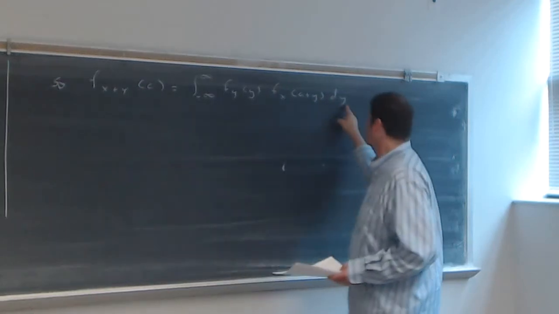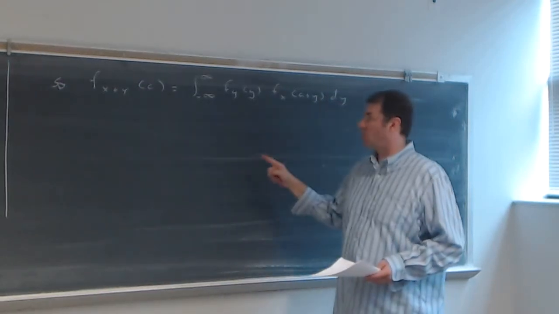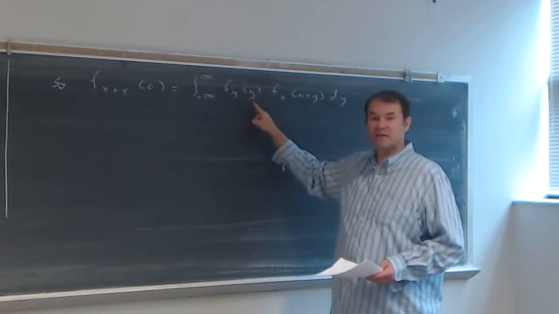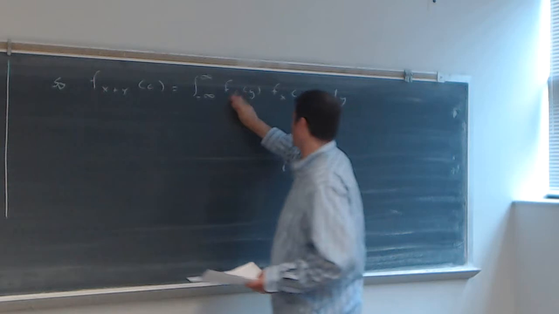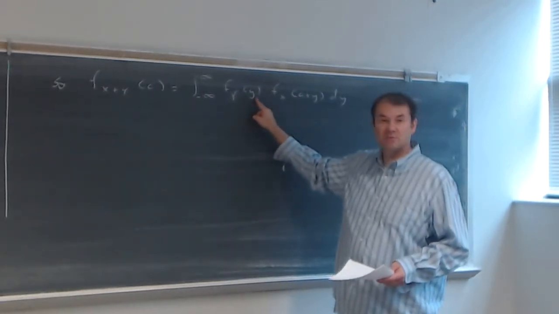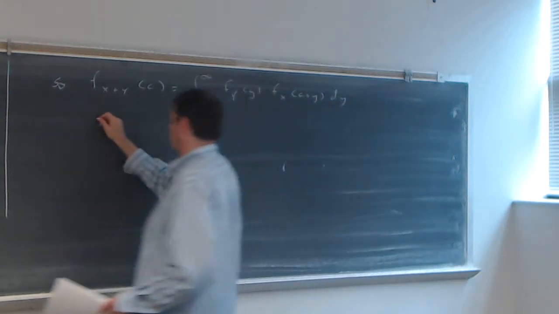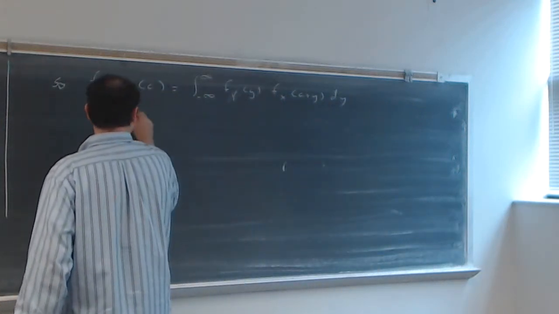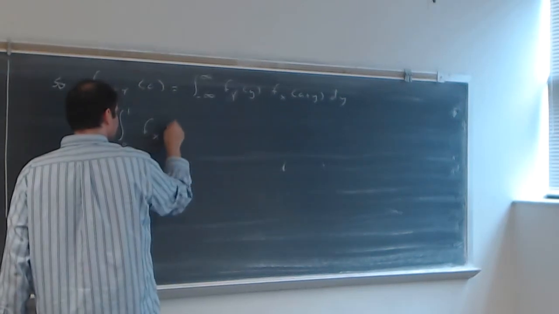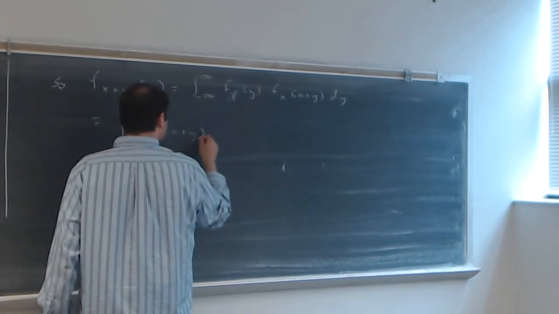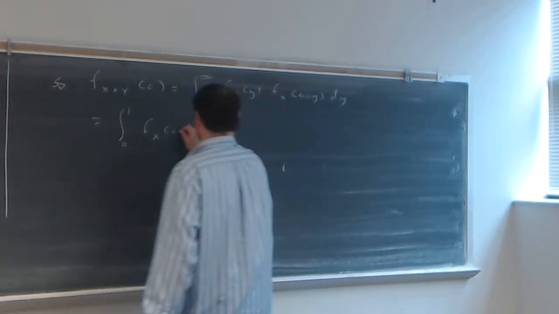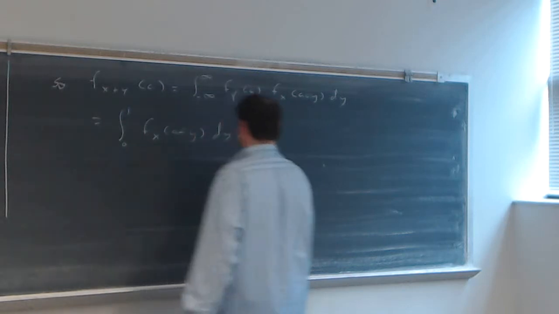Now, here we're talking about integrating with respect to y. And just looking at f sub y of y, that part is going to be 0 most of the time. The only time it's not 0 is when y is in between 0 and 1. So that's going to affect this integral's limits. So from 0 to 1, and then over 0 to 1, this part is 1. So it's just f sub x of a minus y dy.